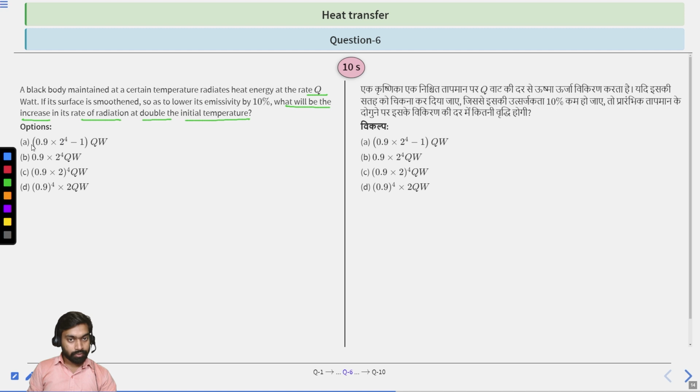Given options: option A, 0.9 into 2 raised to the power 4 Q watt; option B, 0.9 into 2 raised to the power 4 Q watt; option C, (0.9 into 2) whole power 4 Q watt; and option D, 0.9 whole power 4 multiplied by 2 Q watt. Which one is correct? You have 10 seconds to solve this question. After 10 seconds, we will provide the solution.